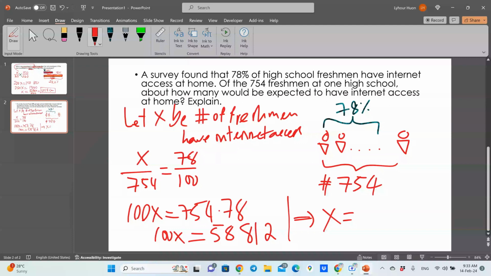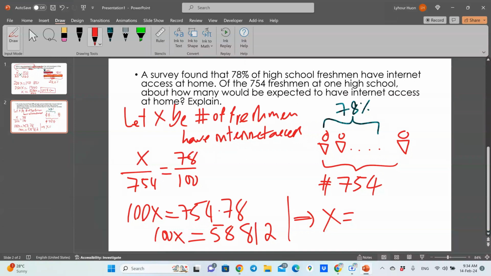Wait, hold up. I don't have enough space. I need another paper. Is it 5? Wait, what? Five.